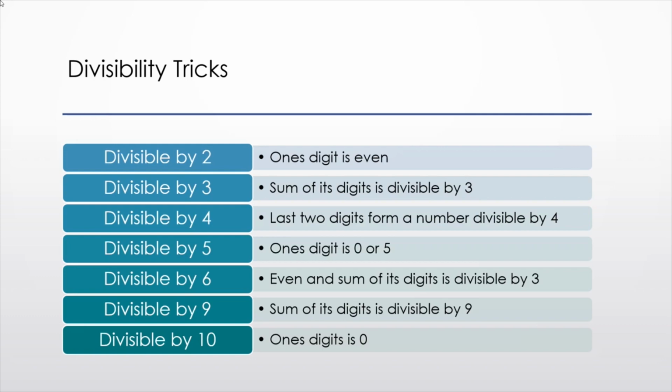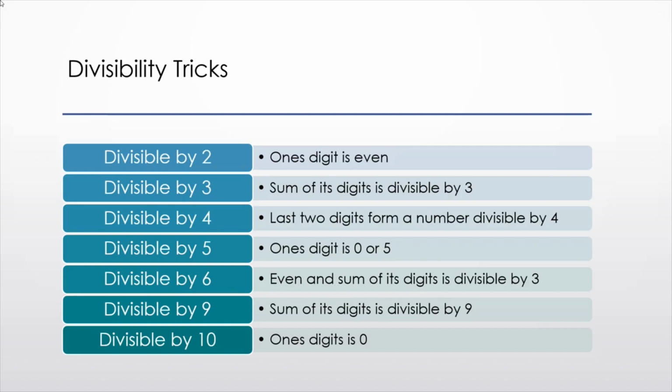Divisibility by 6 is if it follows the rules for 2 and 3. So that means if it's even and you add up all the digits and that sum is divisible by 3, that means since it fits both of those, it's going to be divisible by 6.